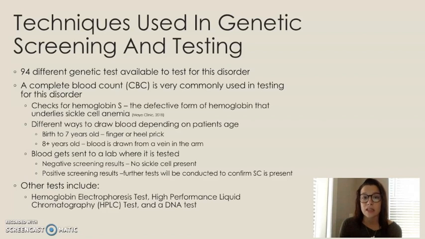The blood will get sent to the lab where it is then tested. Negative screening results mean that someone does not have the hemoglobin S issue, but positive screening results will result in further testing to confirm that sickle cell is present. Other tests include the hemoglobin electrophoresis test, high-performance liquid chromatography, or HPLC test, and a DNA test.